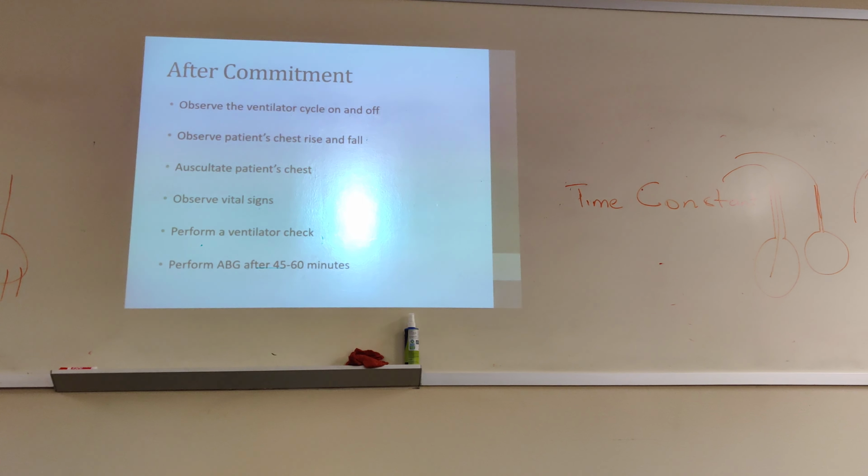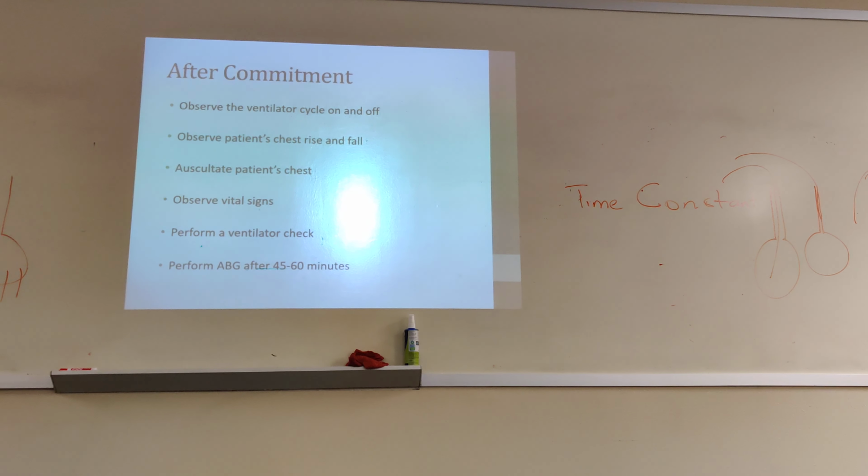That is a sign that they are getting ventilation on both lungs. Okay? Observe the vital signs, right? That's what's going to tell you that they're ventilating well, they're oxygenating well, their heart rate should be coming down, their oxygen should be going up, their blood pressure should be coming down. So you look at all of those things.